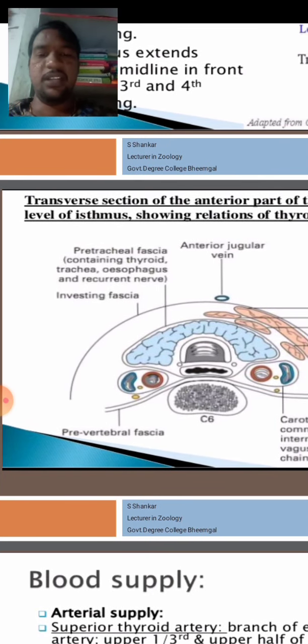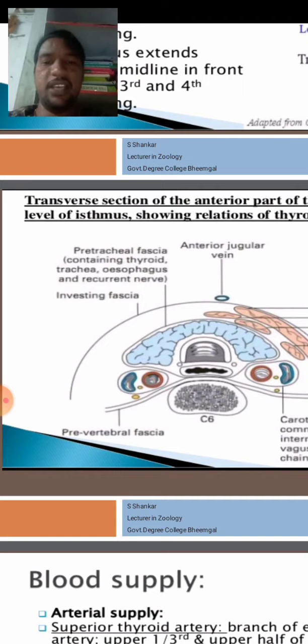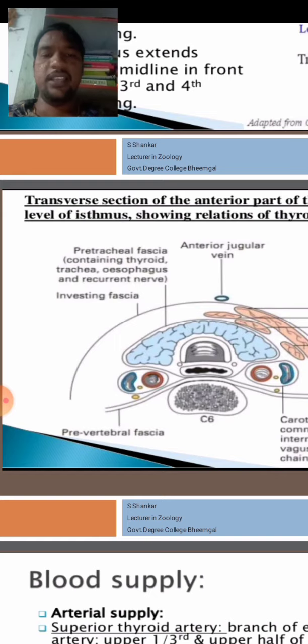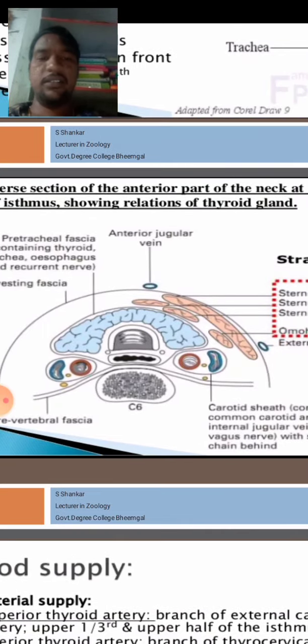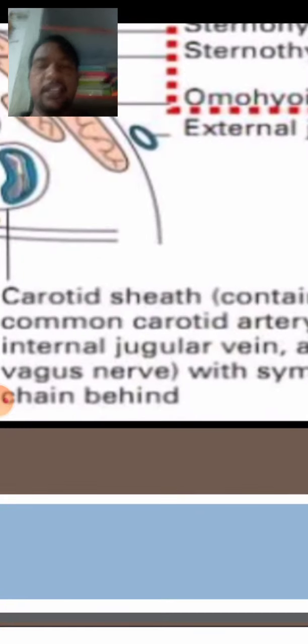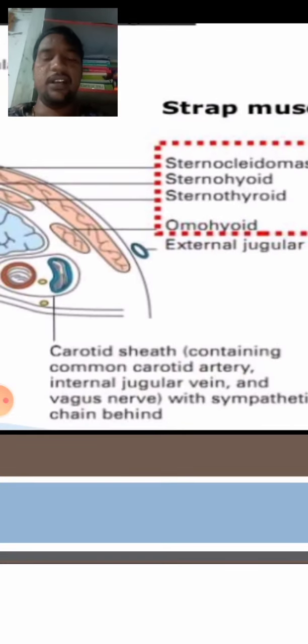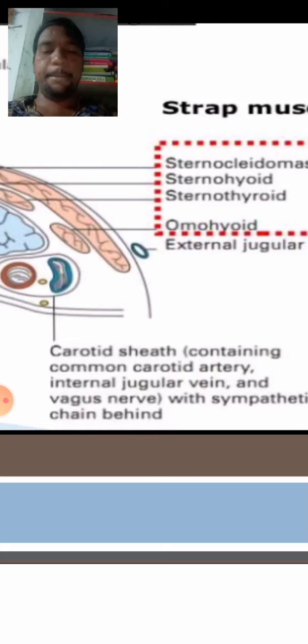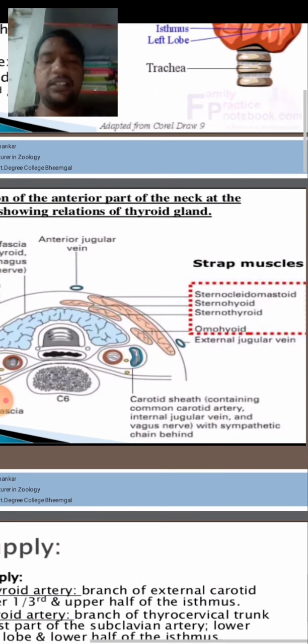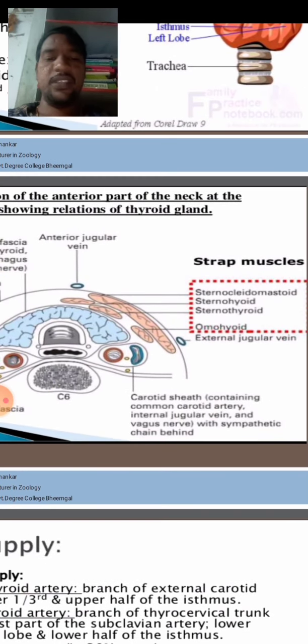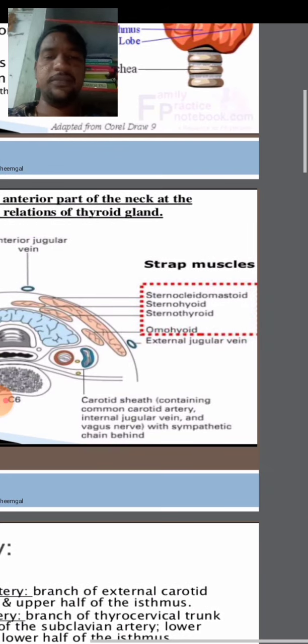First one is prevertebral fascia, then anterior jugular vein and carotid sheath containing common carotid artery, internal jugular vein and vagus nerve. Sympathetic chain behind.